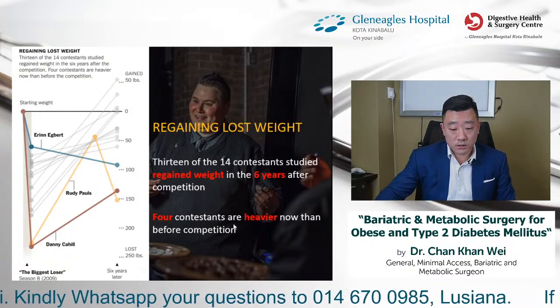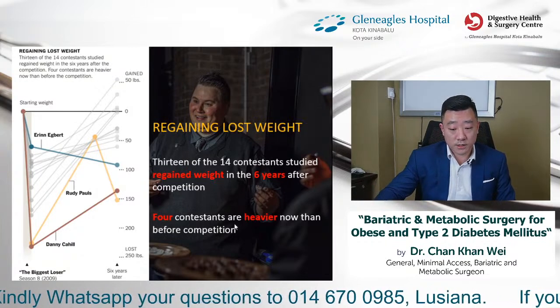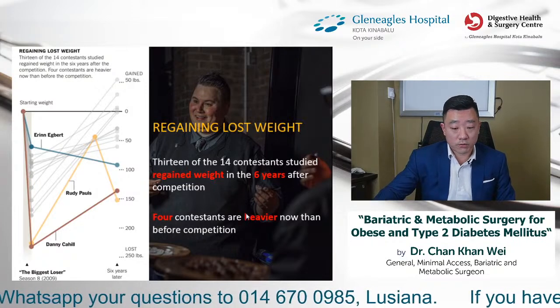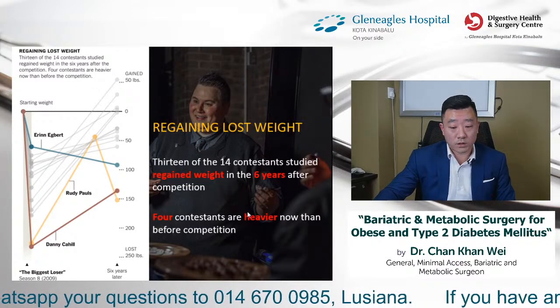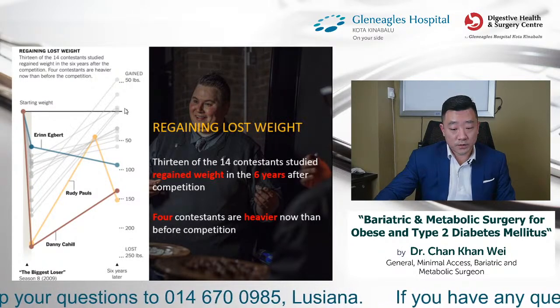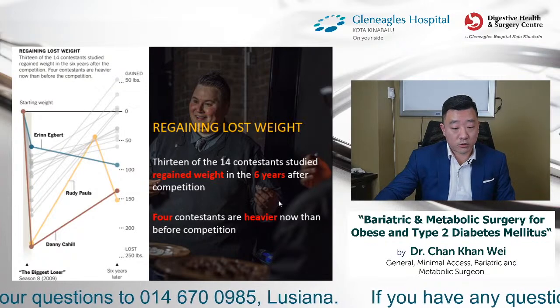But the interesting thing is, when they followed up these patients for the next 6 years, 13 out of 14, the majority of them actually regained their weight in the 6 years after competition, and even 4 of the contestants are heavier now than before competition.